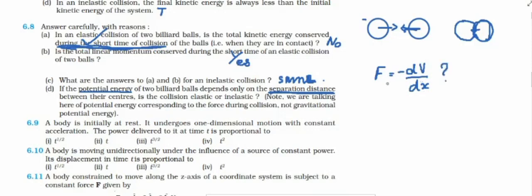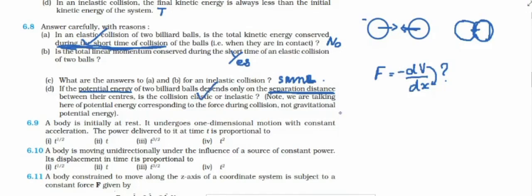This formula represents conservative force. So potential energy depends only on separation distance means the force is only conservative force. If the force is only conservative force, then the collision is elastic.